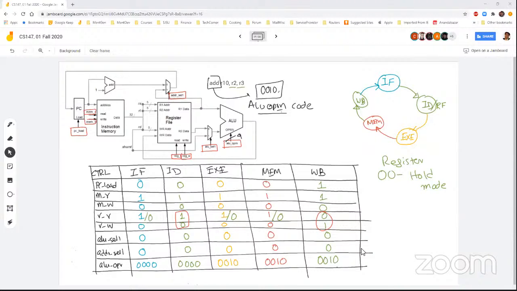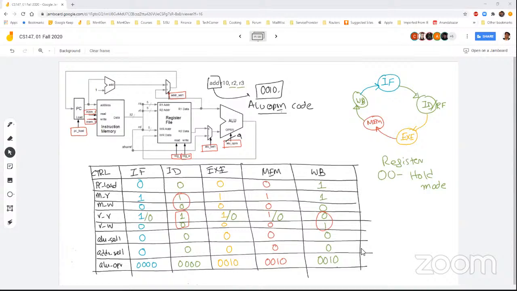And to clarify too, since instruction memory is part of your memory, right? Yeah. So in the instruction fetch stage, your memory must be set to read, right? Yeah. Other than that, you can have it in the hold mode if it is there.